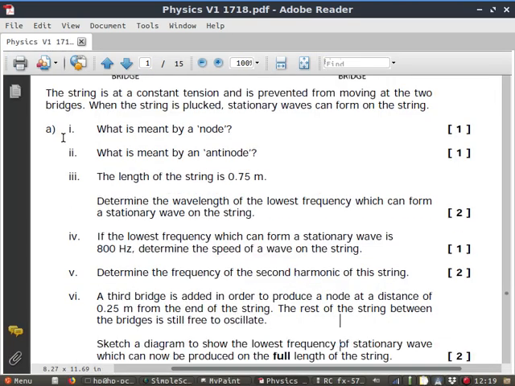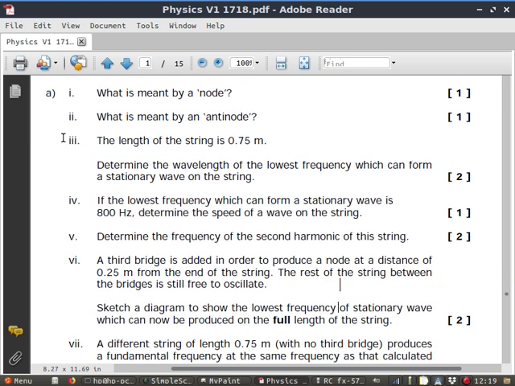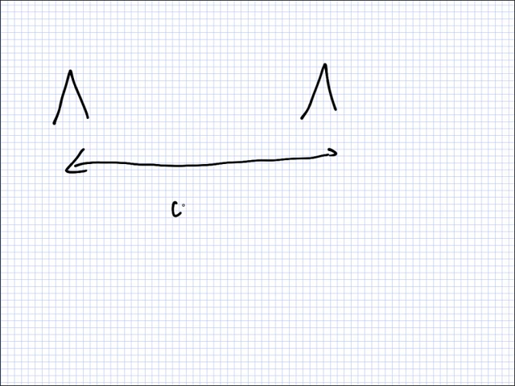A third bridge is added at 0.25. Sketch. Okay. So, we know here and here, this is still 0.75. And they put a third bridge here. And this is 0.25.